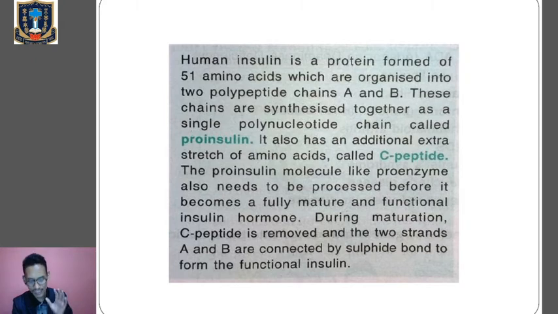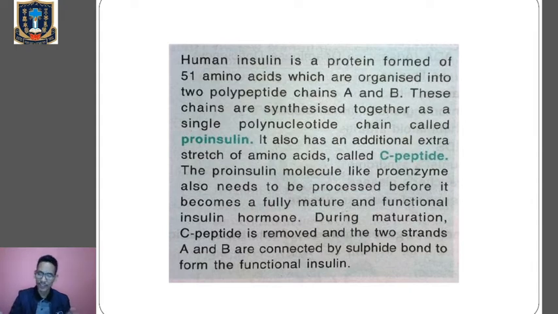So the C peptide is removed, and the two strands, polypeptide chain A and polypeptide chain B, will be joined together with the help of disulfide bonds to form the functional insulin. So in human insulin, we have an extra C peptide chain which needs to be removed for the insulin to become fully functional.